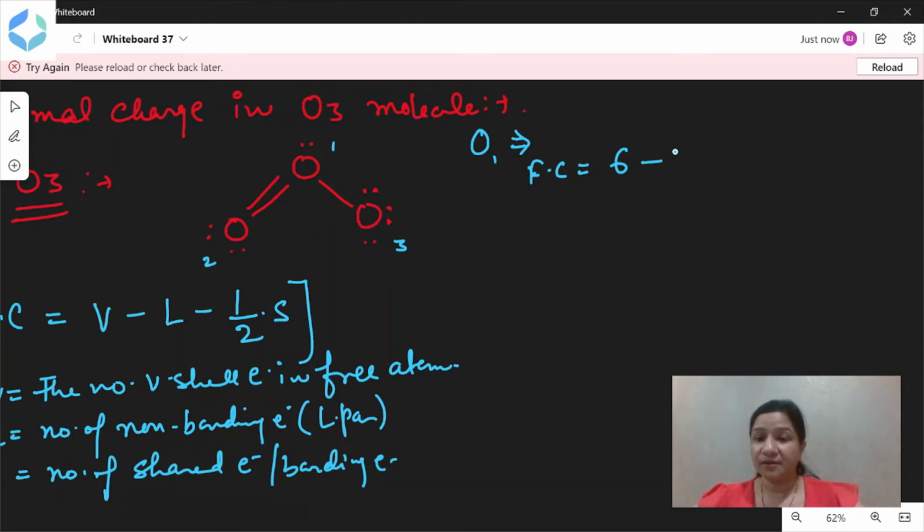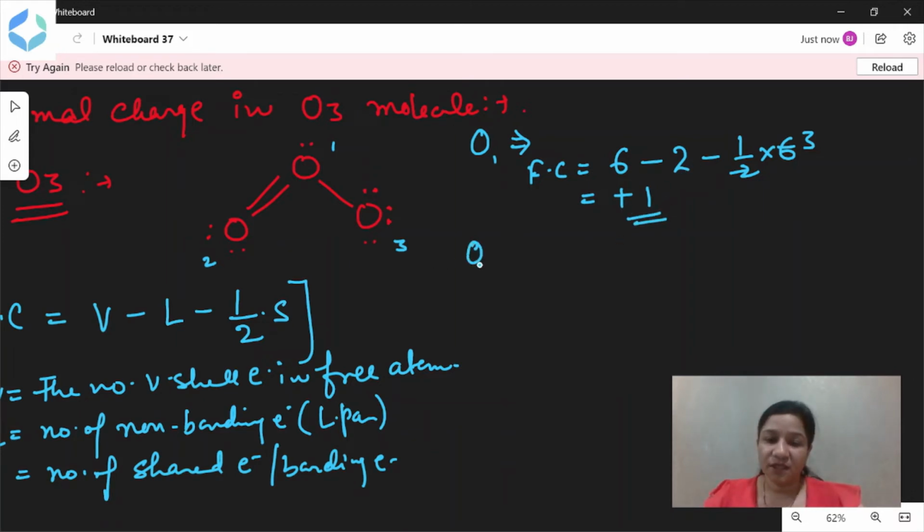Total non-bonding electrons are 2, minus half into, now tell me how many shared electrons are there. In this bond 2 electrons, in this bond 2 electrons, and in this bond also 2 electrons. So 2, 4, 6. So shared electrons are 6. So half of 6 is 3, 6 minus 2 minus 3, how much are you getting? Plus 1. Yes, this is plus 1.